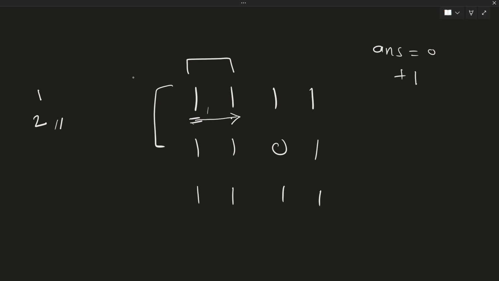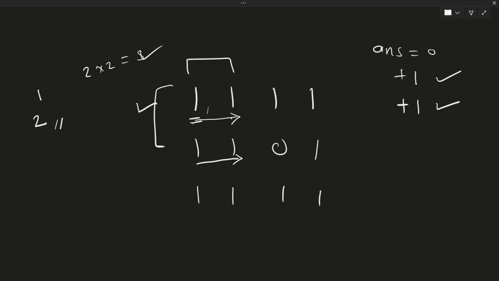Then we checked it for the first row, but as there are 2 rows, again we will start for the second row, and again we will iterate, and yes, these both are 1. Which means that a 2 into 2 square is possible. So we will increment it by plus 1, which means that first we are creating a square of side 1, then we are creating a square of side 2.